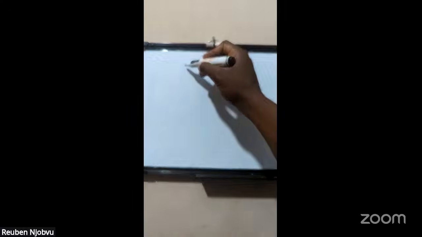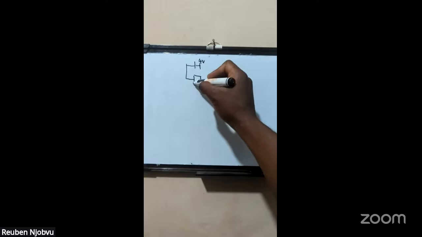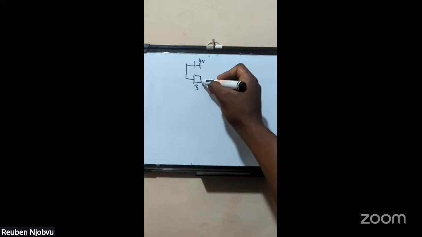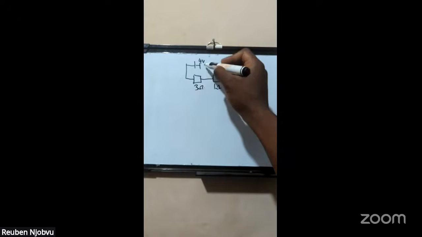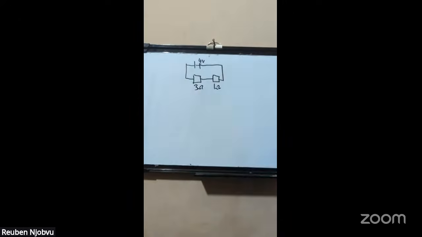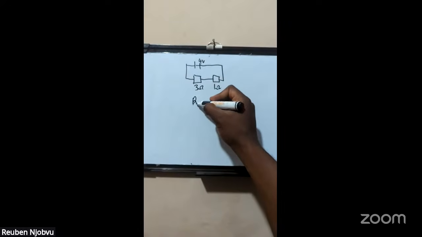So the question is simply this: we have a circuit with 4 volts here, and at this point we have 1 ohm and 3 ohms. The first question is saying find the current. To find the current, we use resistance is equal to voltage over current.